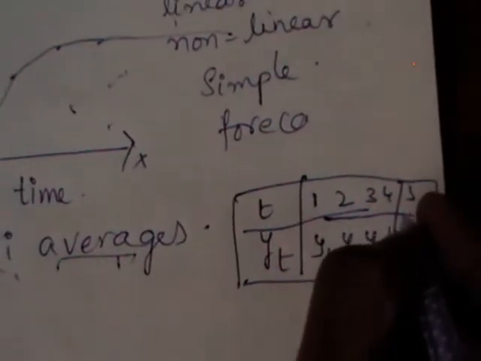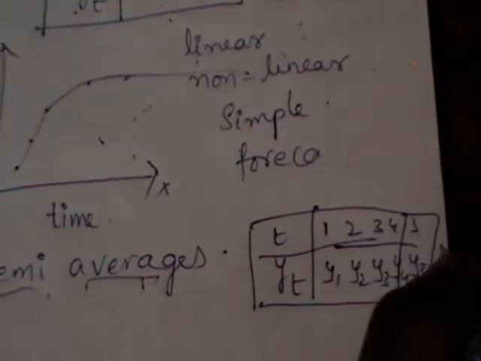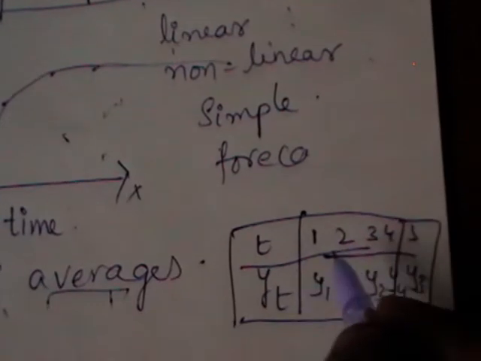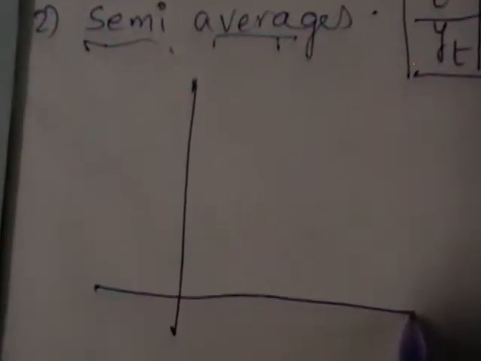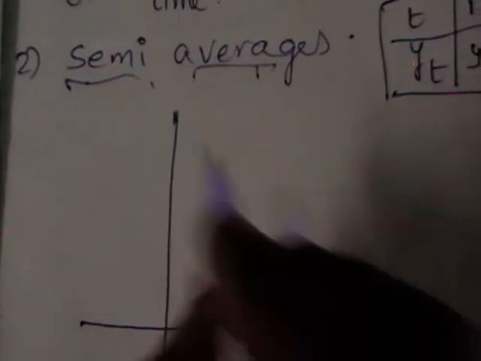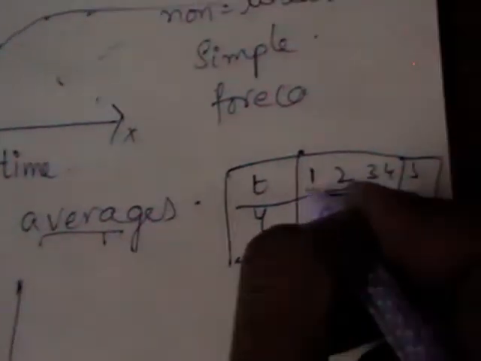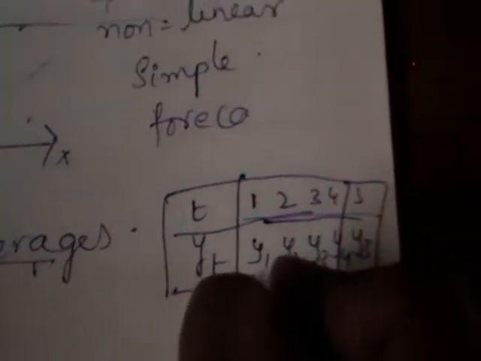Now under this method, here also it's a graphical method only. Instead of plotting the time series directly, consider a bivariate axis. On the x-axis you consider the time t, on the y-axis you consider yt. But while plotting, you are given 5 time periods, and you divide those into 2 equal parts.